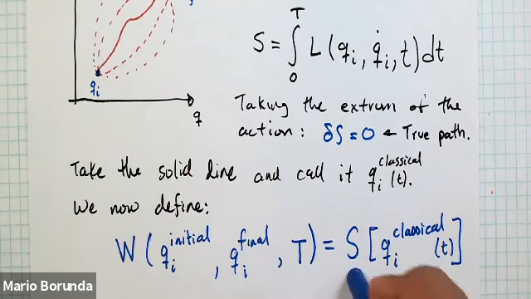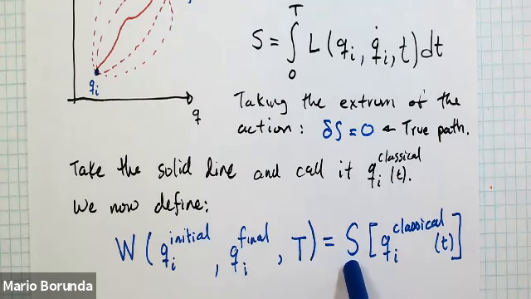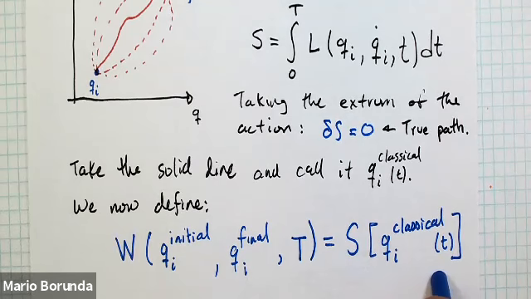Now this one, the action, you guys know functionals, the definition of a functional? Function of a function, right? So here, this action is a functional on the path that you take.